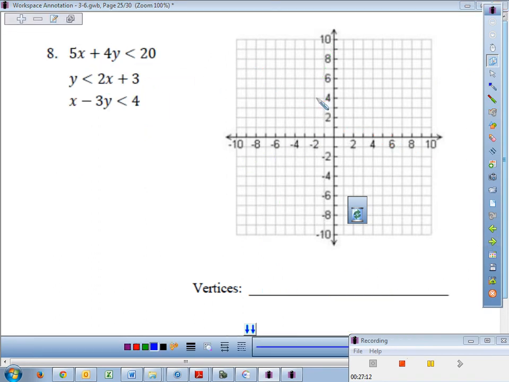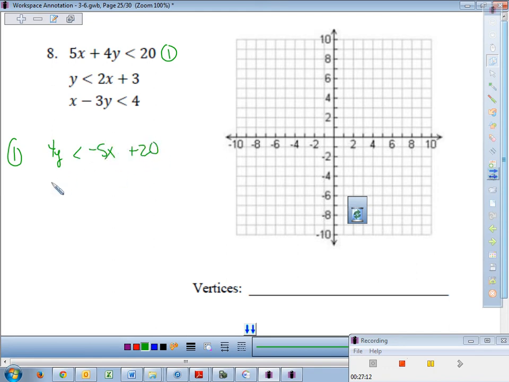Top guy, number 1, it's not in slope-intercept form. So I'll put a 1 here. I'll do a little bit of work over here with a 1 by it and put it in slope-intercept form. Realize if you should switch the symbol or not switch the symbol. Then I'll graph it.